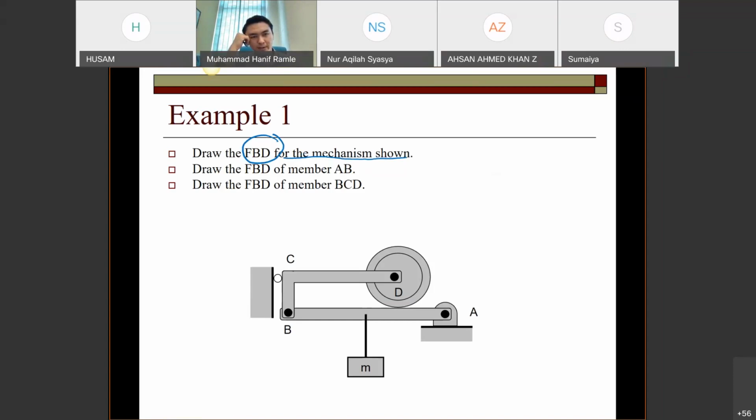Which one is the external body? Yes, Wong Kim Tong, this one is the external body. Another two, where is it? The circle. This circle. D. No.